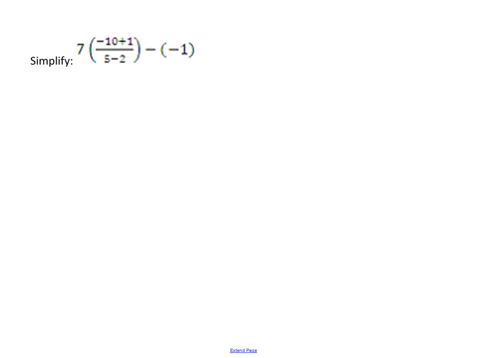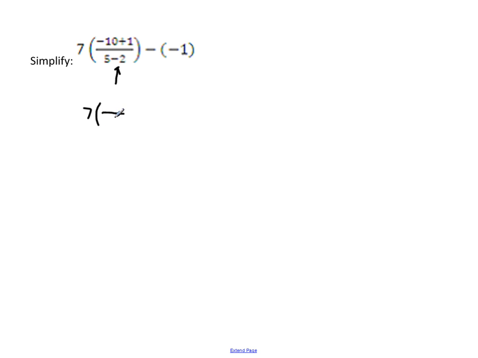Well, of course, we do any calculations that occur in parentheses first. So in our parentheses, we have the fraction of negative 10 plus 1 divided by 5 minus 2. So we're going to carry out this operation, and we're going to use the division bar as actually another grouping.